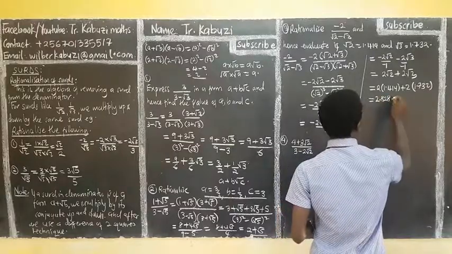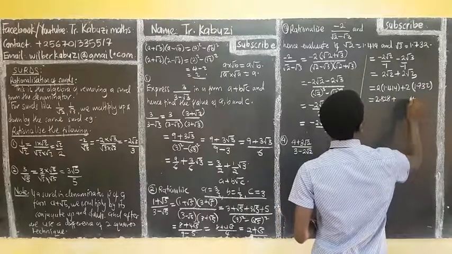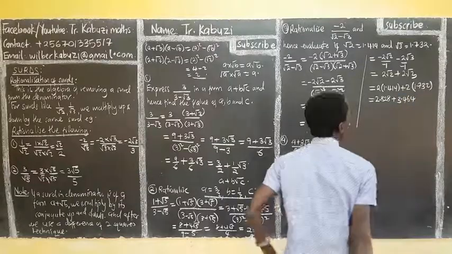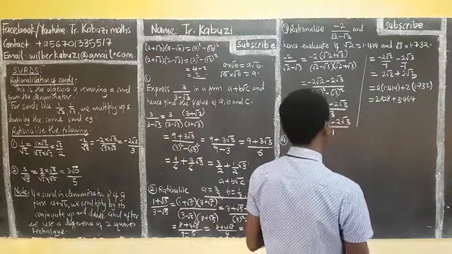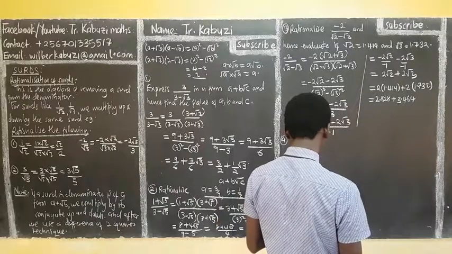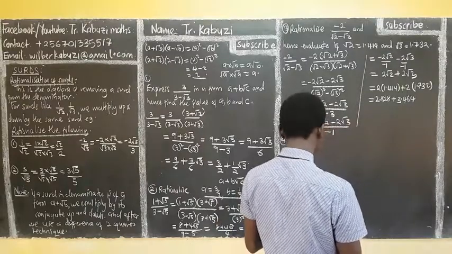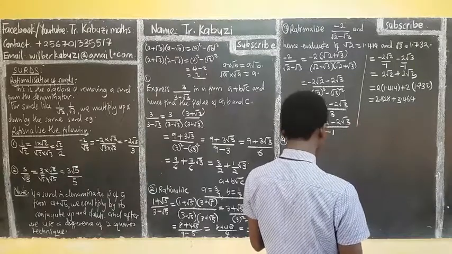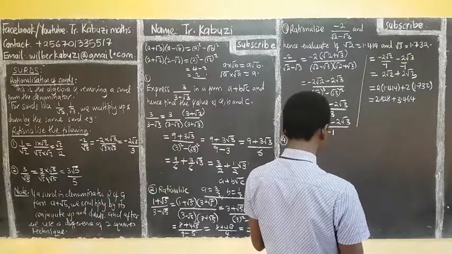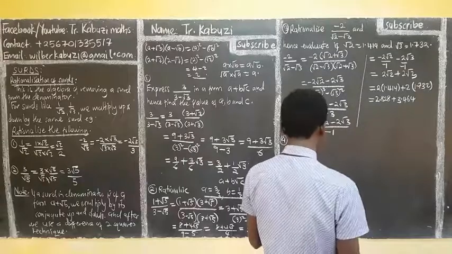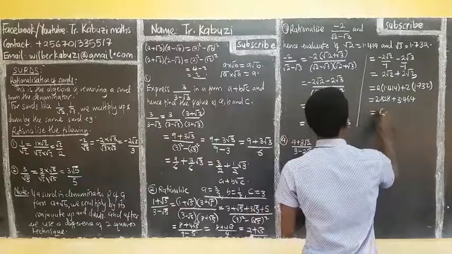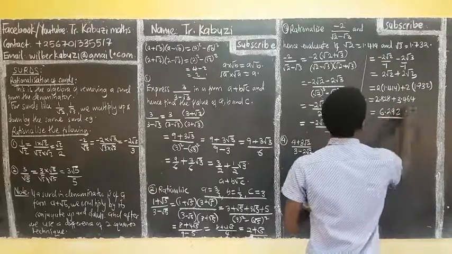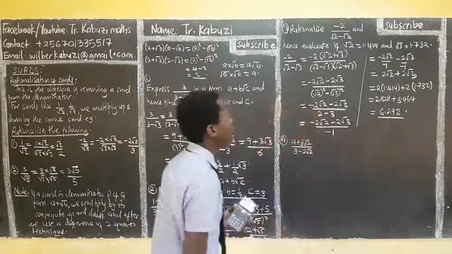Then this will be 4.6, 4, and then 3. Then you get your calculator and you add them properly. So the answer I'm getting is 6.292. So that's how we handle that.